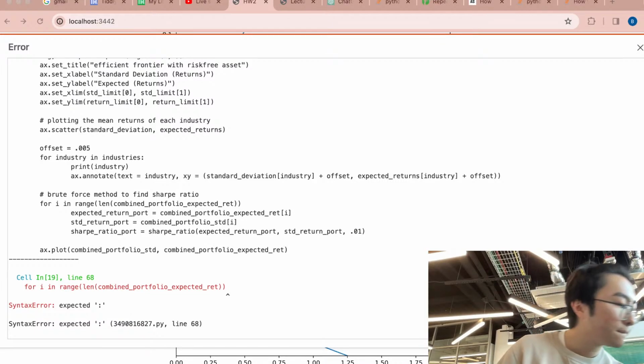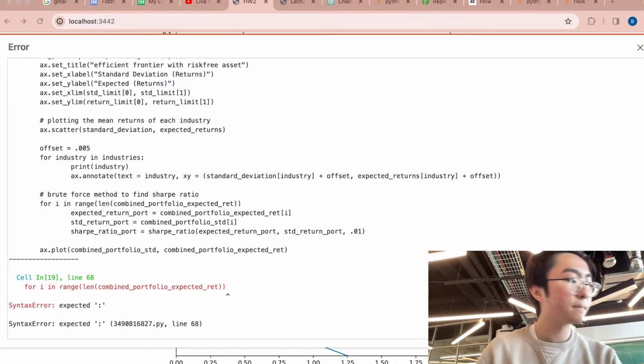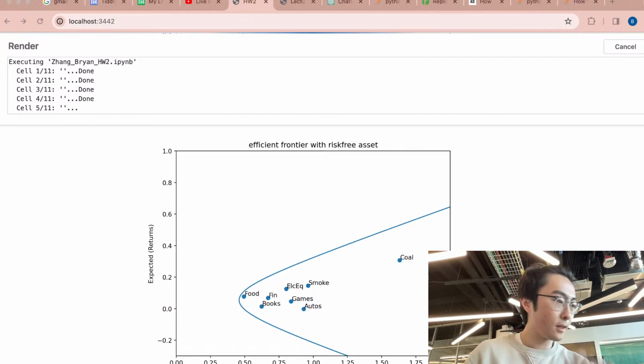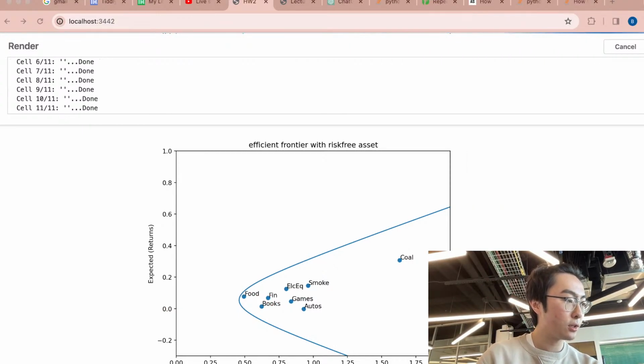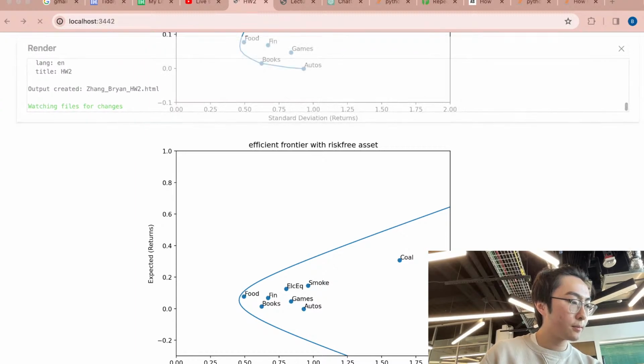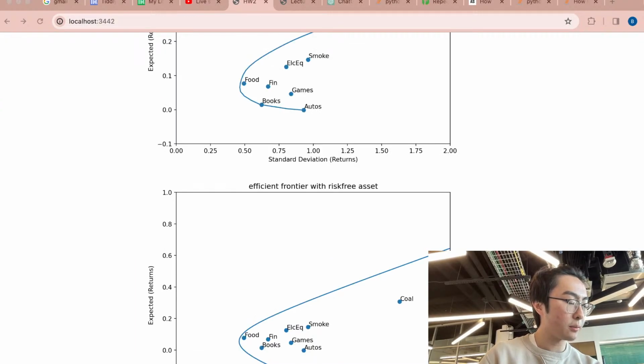Okay. Alright, so now that we have that, Sharpe ratios is equal to a list. Sharpe ratios dot append Sharpe ratio port. Okay.